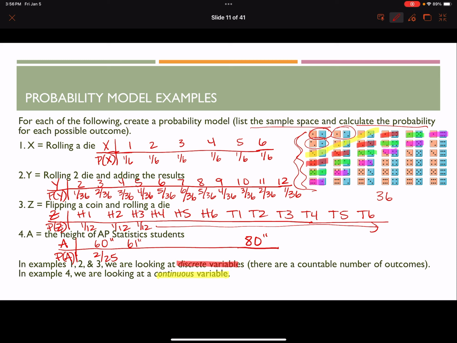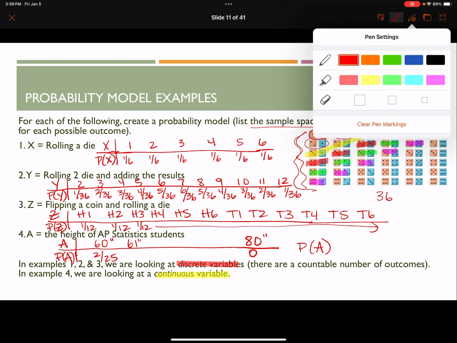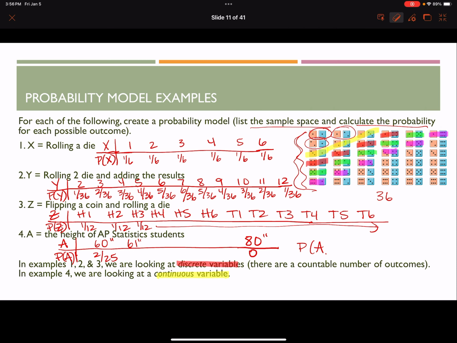If I don't have any student in my class who's 80 inches tall, the probability of having a student whose height is equal to 80 inches is 0.